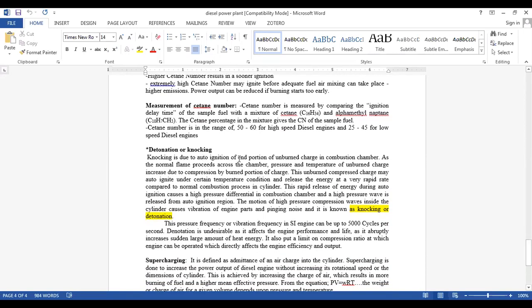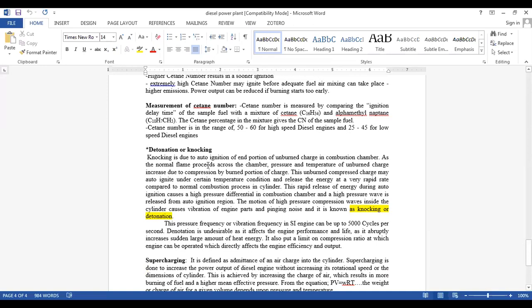Knocking is due to the auto ignition of the end portion of the unburned charge in the combustion chamber. When some portion is not burning properly, knocking occurs, due to which a lot of pollution and some noise is created, and proper compression and combustion do not take place inside the engine.